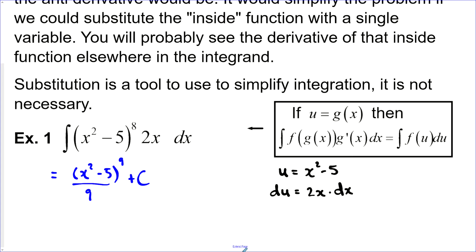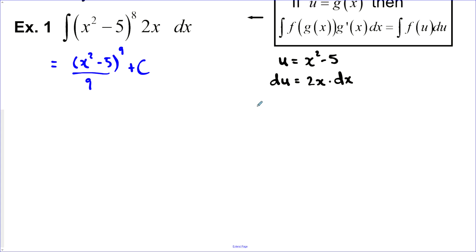Now we can make the substitution, so we'll have our integral sign, then we'll have this just equals u to the power of 8, and the 2x dx is just replaced with a du. And now you can see we're doing an integral with respect to u. And this is really easy, much easier than the mental math that we needed to do here.